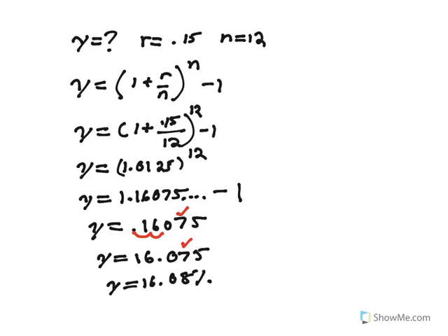And then now if you want to calculate the other one at 15.25%, we are going to do this one. Now in this particular case, this is going to be compounded annually, so N is 1.